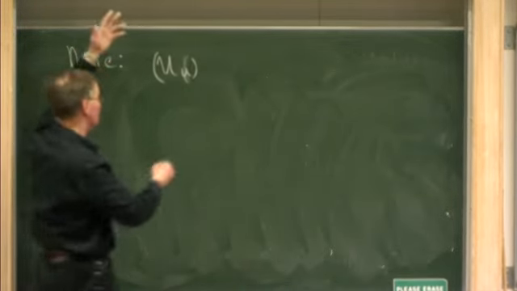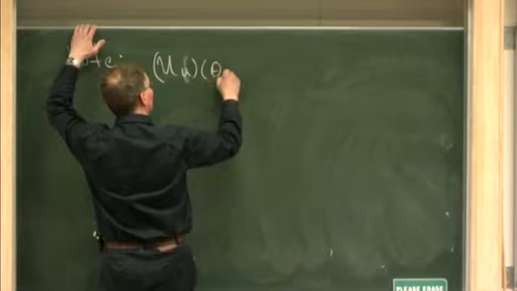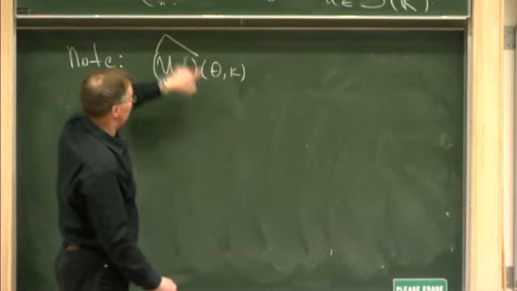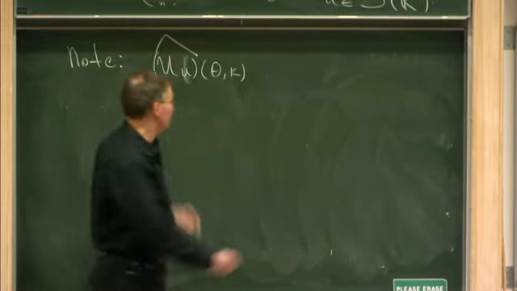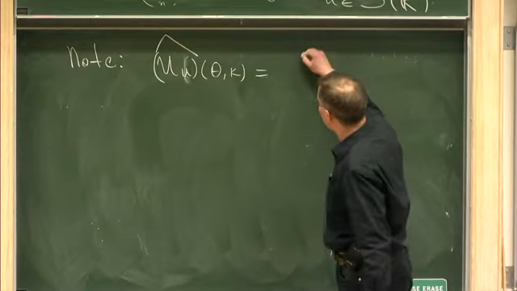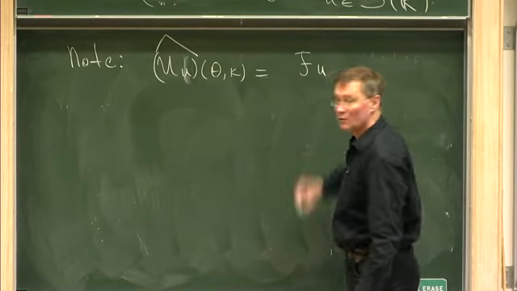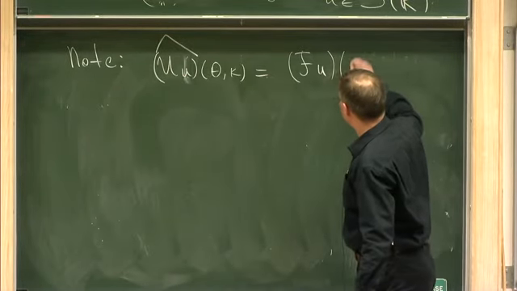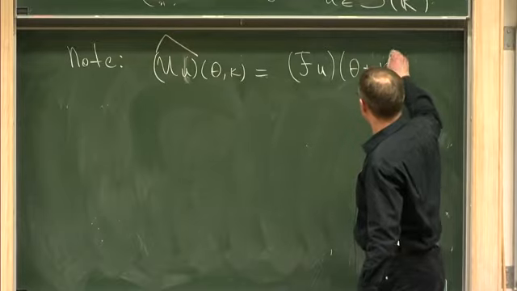So we take Fourier transform in the variable x, and then this Fourier transform is obtained from just Fourier transform of the function u, the one defined there, at the point theta plus k.